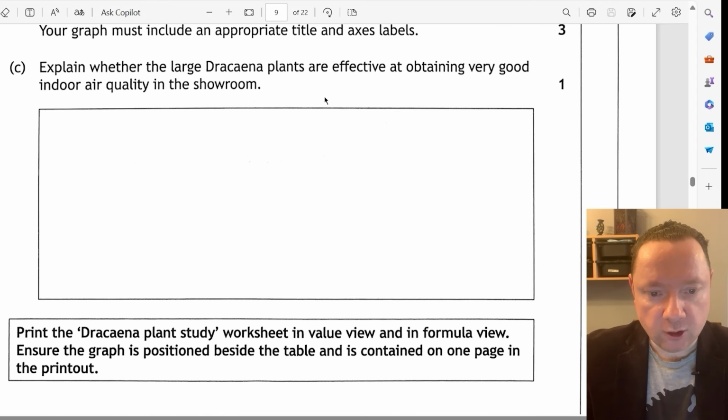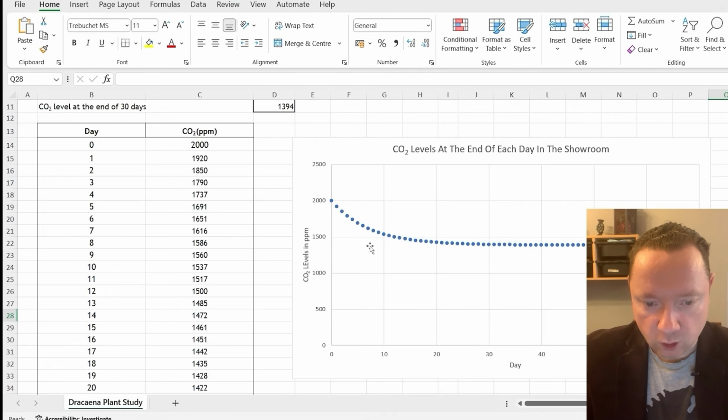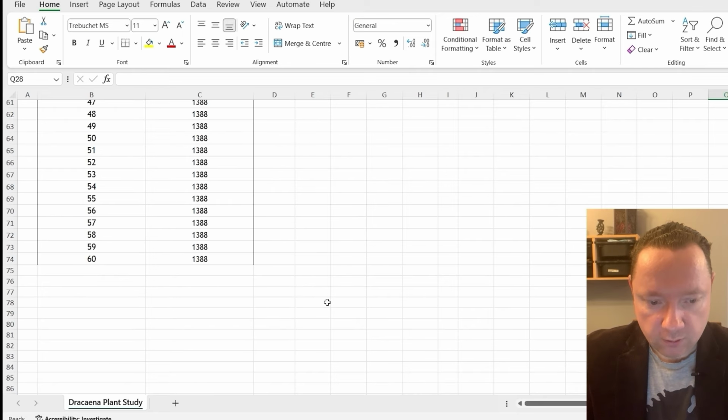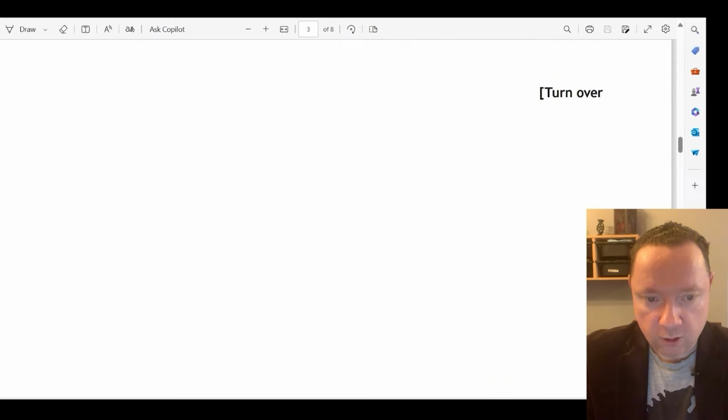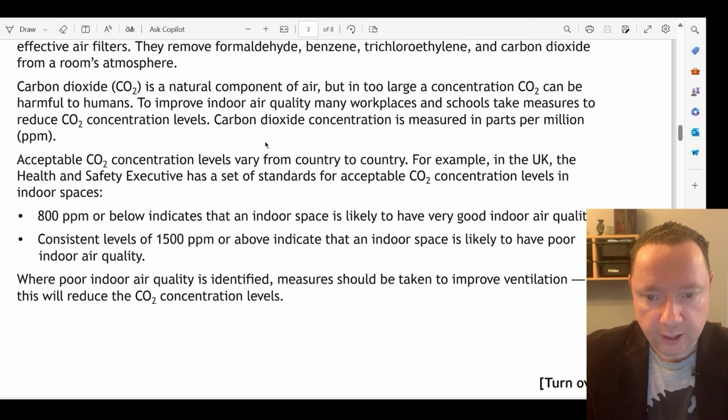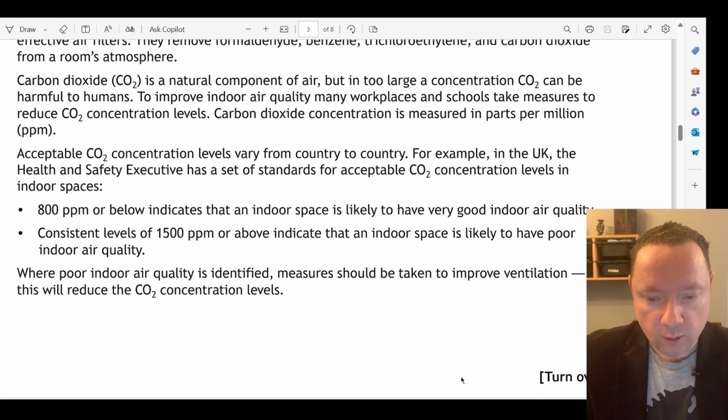Part C, explain whether Dracaena plants are effective at obtaining very good air quality in the showroom. Well, you can see it levels off at about 1300, 1388 here. And to get very good air quality, you need it to be 800 or below.